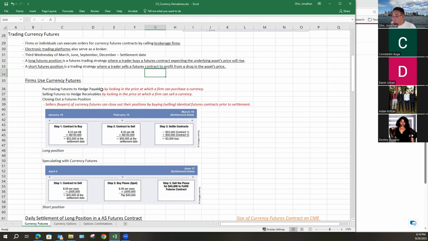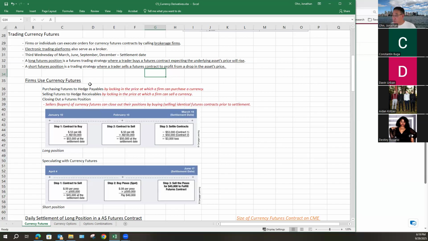For example, a multinational corporation has to deliver 1 million British pounds to a British company in 1 month. Between now and 1 month, we have no idea what's going to happen to the British pound, right? That is exactly exchange rate risk.